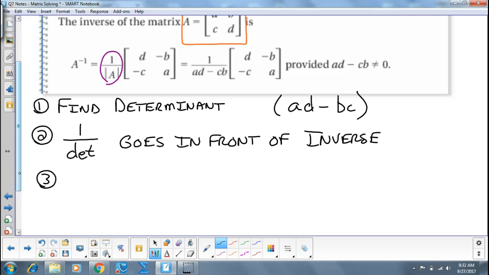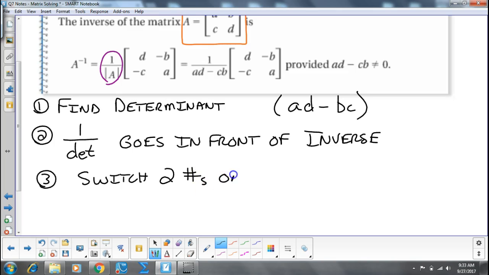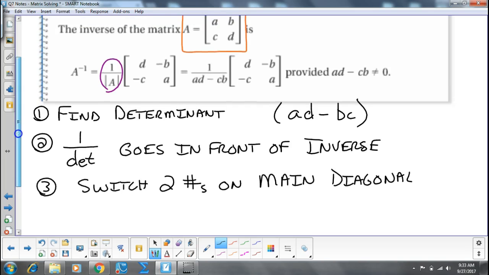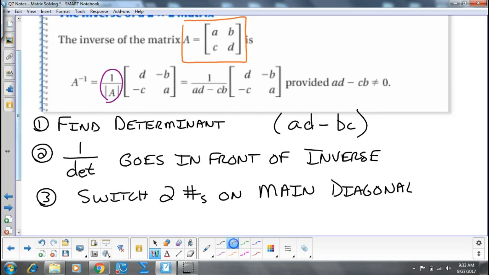So first, you are going to switch the two elements on the main diagonal. So these two numbers right here switch spots.